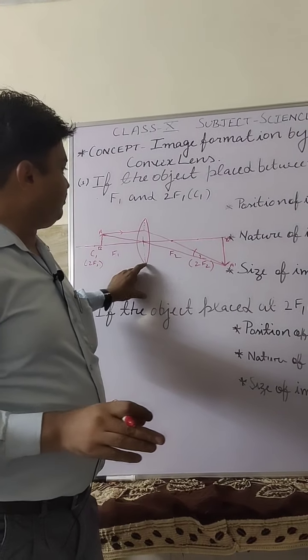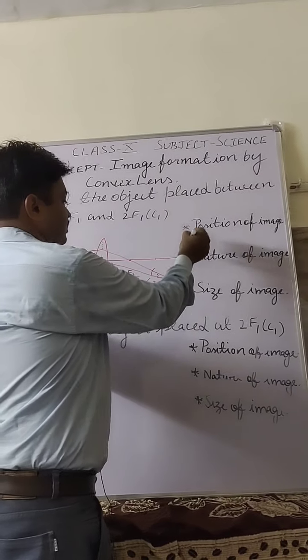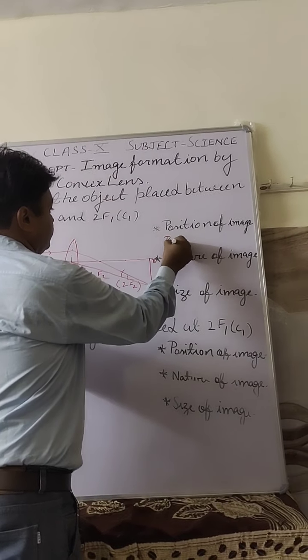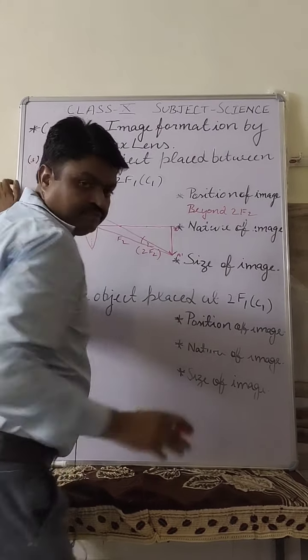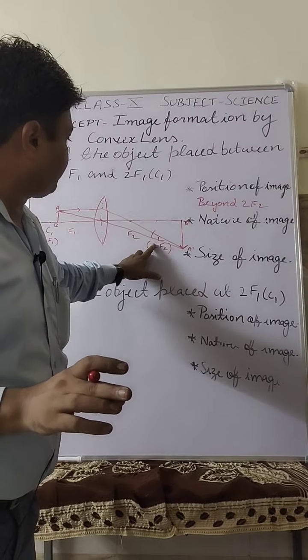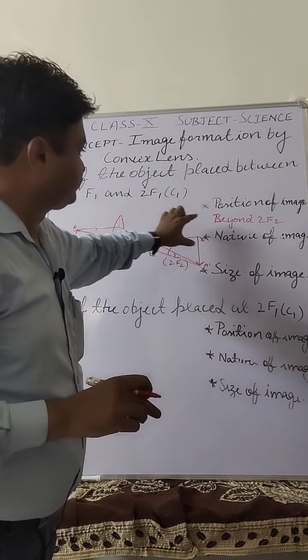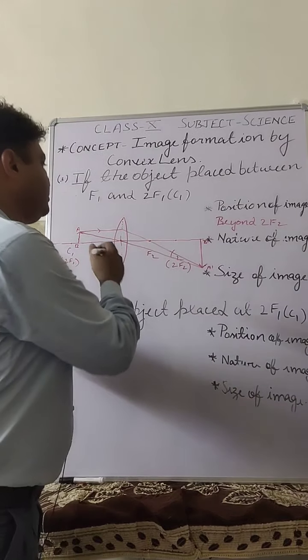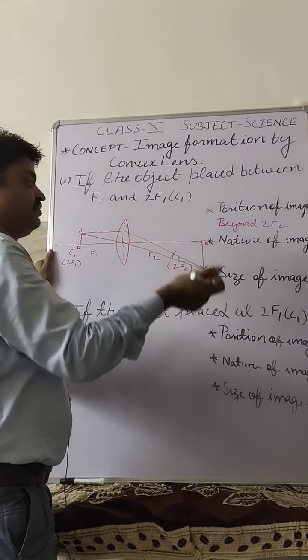So student, what is the position of the image here? It is beyond 2F2, means it is far from C2 or 2F2. Nature of image: it is forming on the opposite side of the incident ray, at the side of the refracted ray.